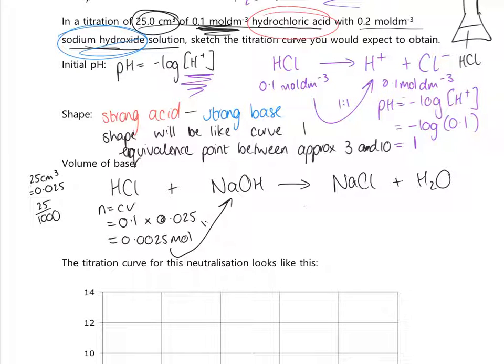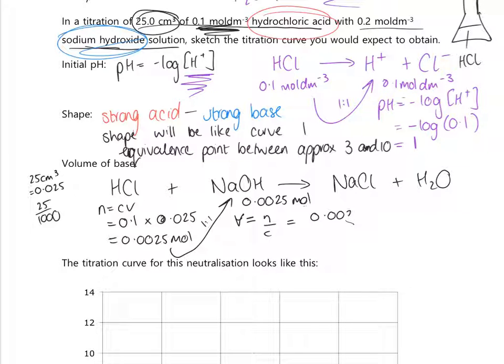Okay, bring that over to your sodium hydroxide to work out how many moles of it I have. It's a 1-to-1 ratio, and so it's going to take 0.0025 moles of sodium hydroxide to neutralise my hydrochloric acid. I'm interested in the volume of sodium hydroxide that I need to add. So rearranging that equation, what does volume equal? Good, n over c.